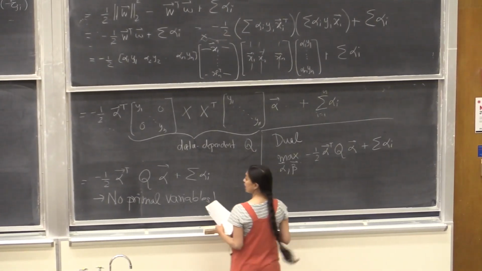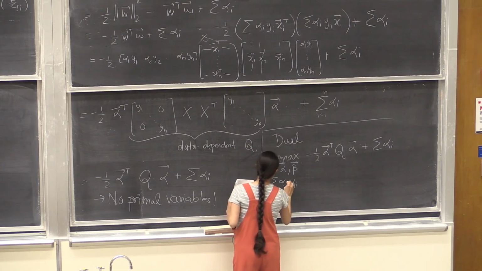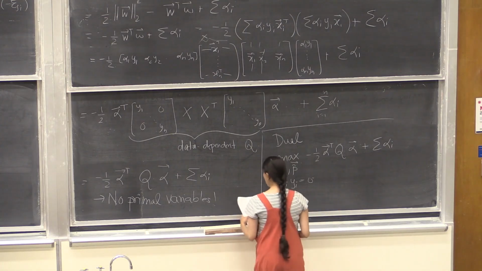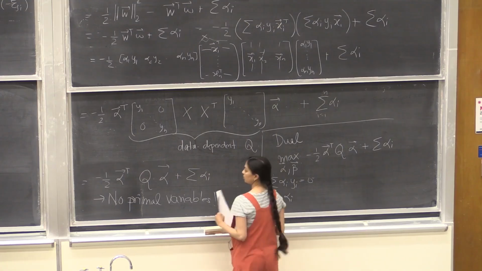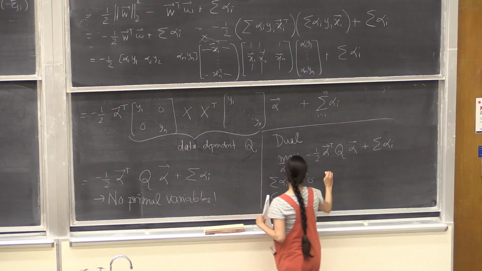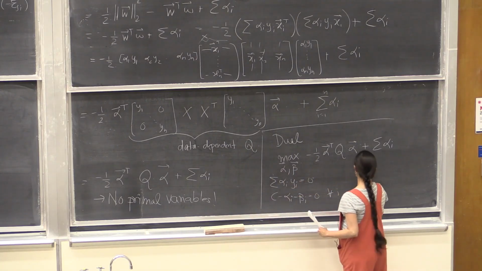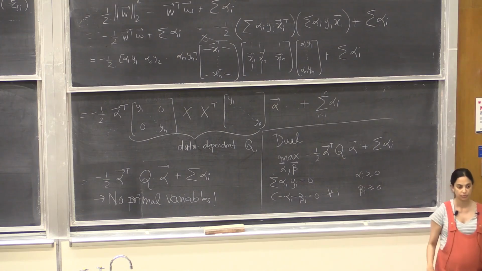So basically, I need to say that sigma alpha i yi is equal to 0. And I need to say that C minus alpha i minus beta i is equal to 0 for every i, right? And then I need to have alpha i greater than or equal to 0 and beta i greater than or equal to 0, because these are my dual variables.